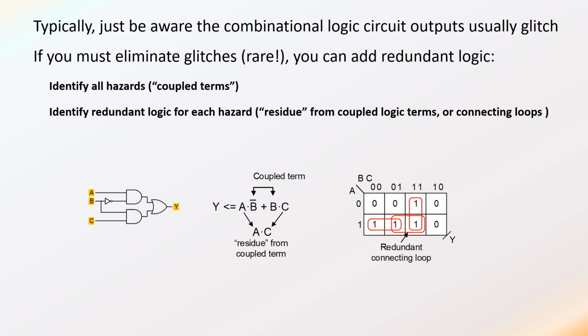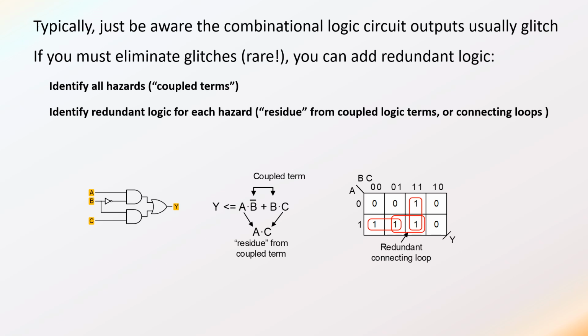I can AND those two together to form a new term. Or in the K-map, I can add a redundant loop. It doesn't change the logic, but it does add an extra logic gate. Those are the redundant logic gates that I can add.